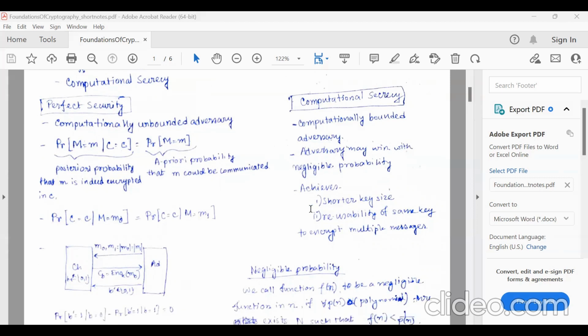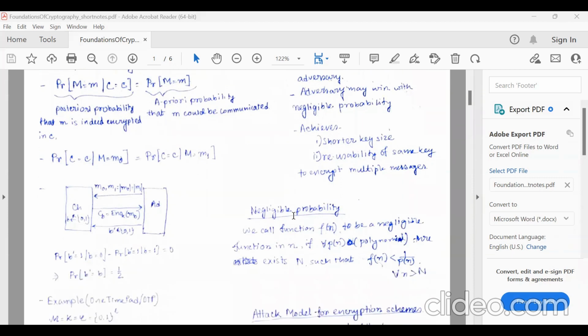Okay. And by allowing these two relaxations, we are able to achieve shorter key size and reusability of the same key. These two limitations were there with perfect secrecy, but by relaxing the adversary's power and the probability of the adversary winning, we could achieve this practical scenario where we can actually use these cryptographic schemes, right?